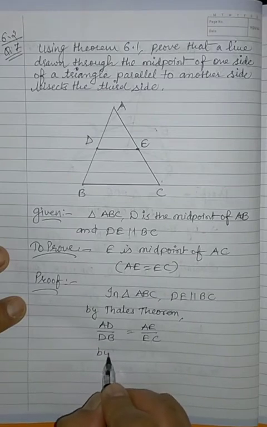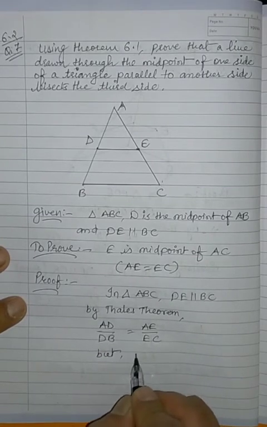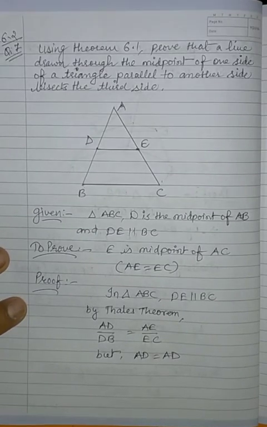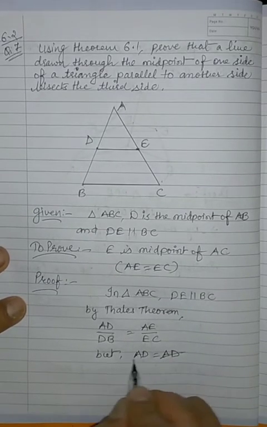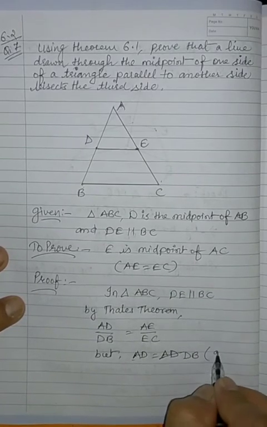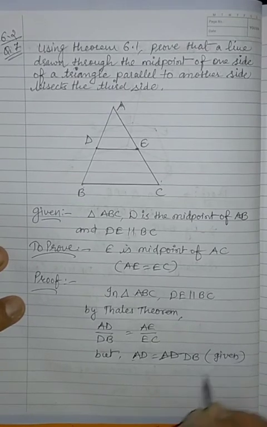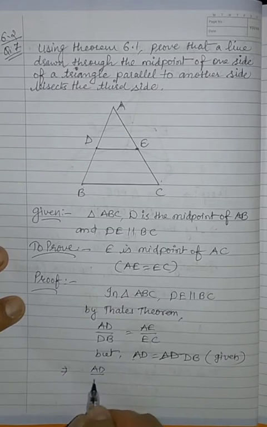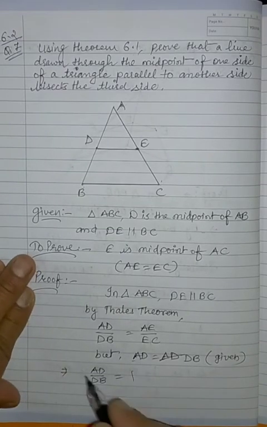But we are given that AD is equal to DB. It is given that D is the midpoint of AB. That means AD upon DB will be equal to 1, as they both cancel each other.